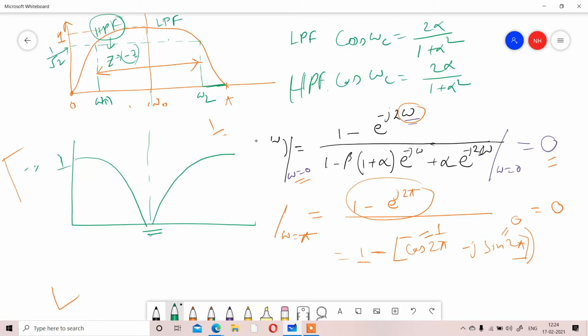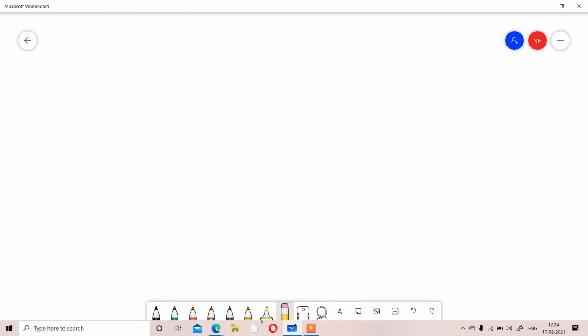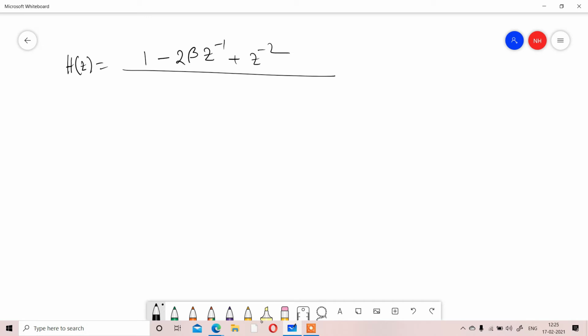Okay, and for this band stop filter, if we consider the magnitude response as we considered for the band pass filter, or simply the transfer function first, you will get 1 minus 2 beta z inverse plus z to the power minus 2, divided by 1 minus beta(1 plus alpha) z inverse plus alpha z to the power minus 2, and the normalizing parameter will be (1 plus alpha) by 2.